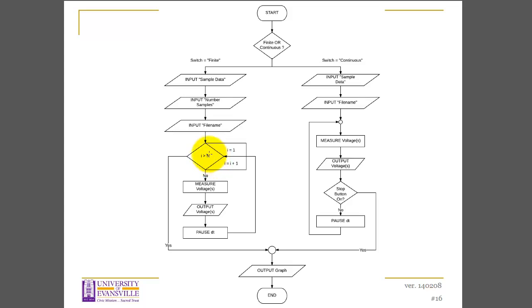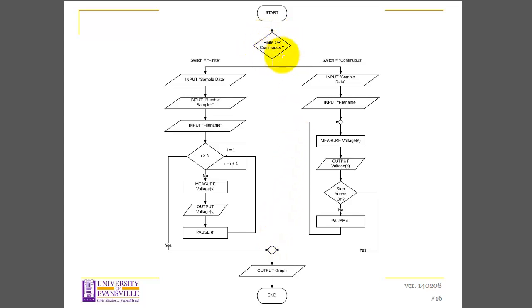So for however many numbers of samples you wanted, you looped through, measuring the voltage, outputting it, pausing for some period of time, and then looping back through, doing that n number of times until you finally exited the loop, outputted with a final graph, and then ended the program.